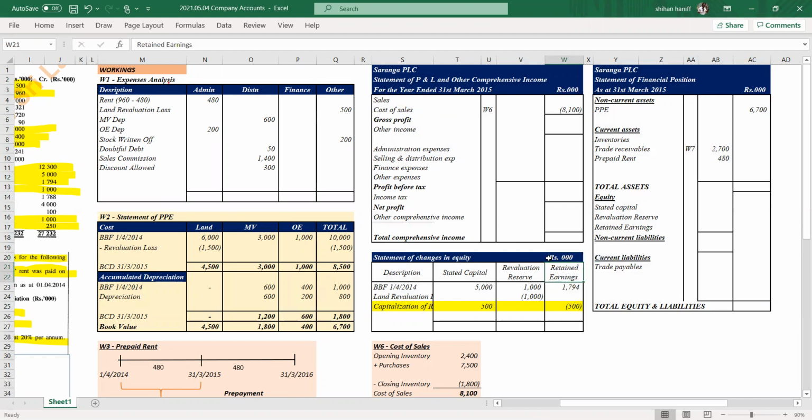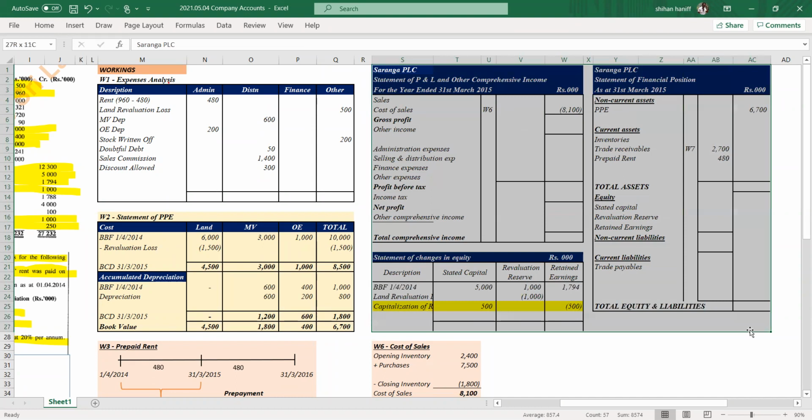In the workings, no need. Working is only for your calculation purpose, and you don't get marks for the workings. Marks are allocated for this answer.